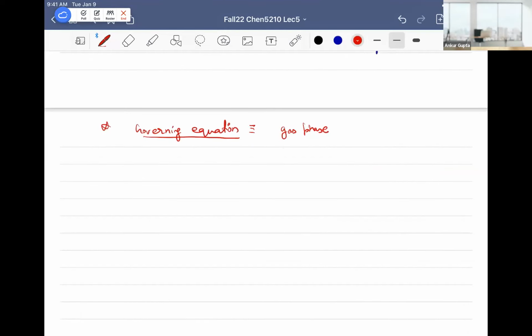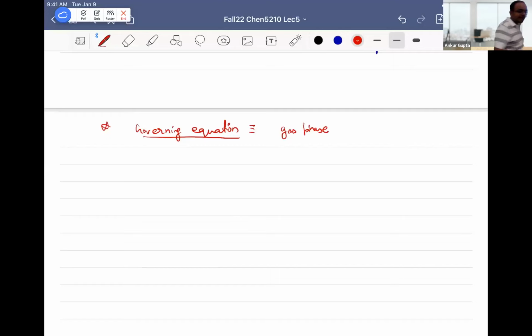So for the gas phase, what is the governing equation? Should I go to my conservation equation and look at the species problem? Can anybody agree or disagree? When can we use Fick's second law? Is it a binary problem in the gas phase?